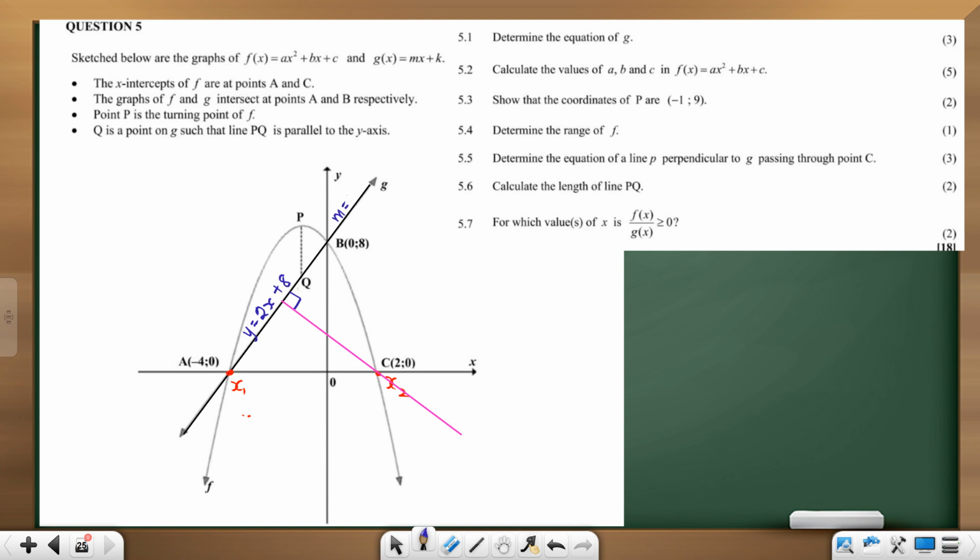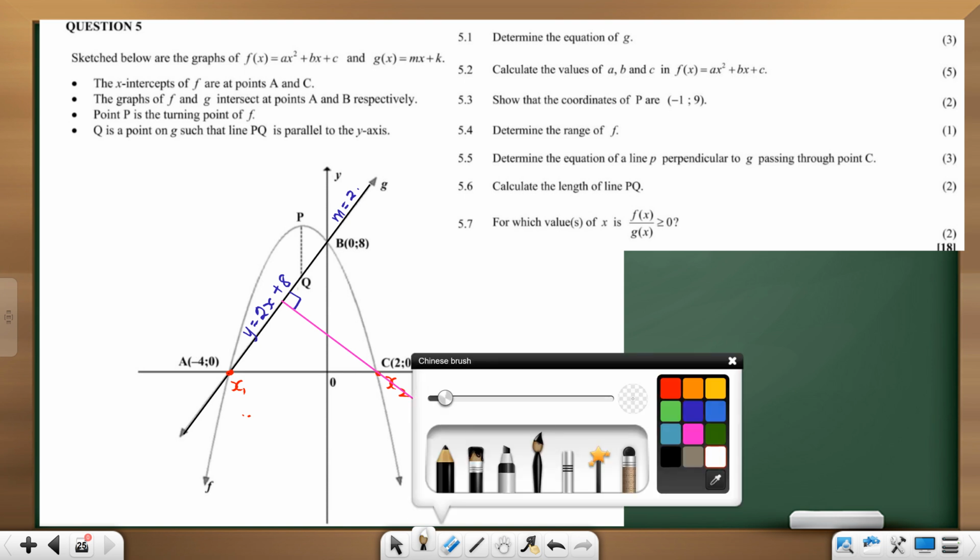So my gradient here is 2. And because this line P is perpendicular, do you know what the gradient here would be? You change the sign and flip the numbers. I did that with you when we were doing analytical. It's a positive here, this becomes a negative. 2/1 becomes 1/2. Did that make sense?